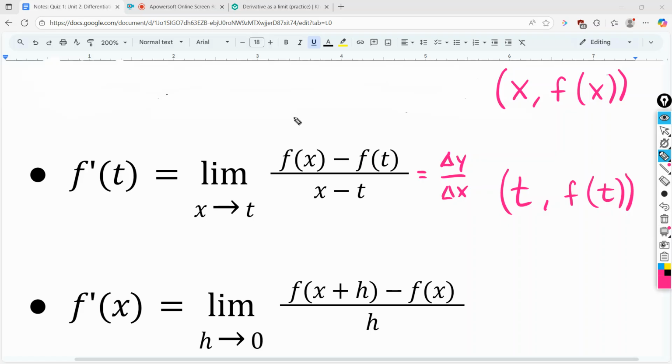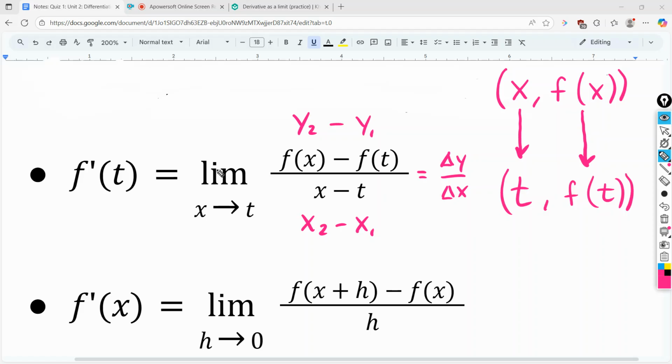So in the numerator, it would just be y2 minus y1, and the denominator, it would just be x2 minus x1. And to subtract the y's, you would just do f of x minus f of t, and that's what we have in the numerator.